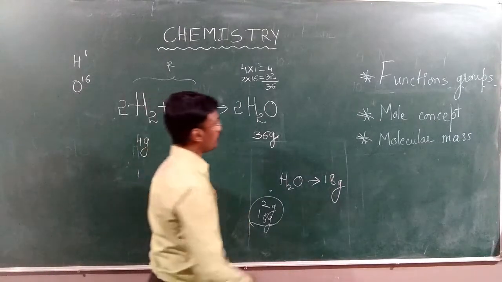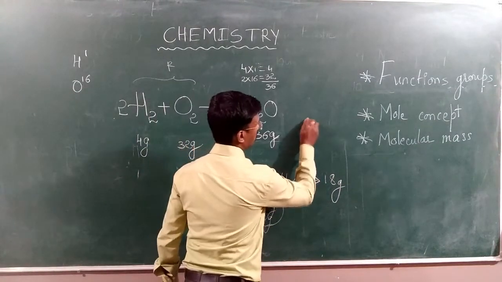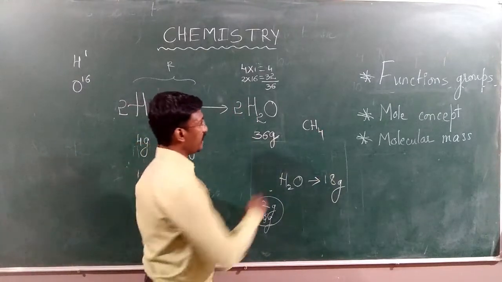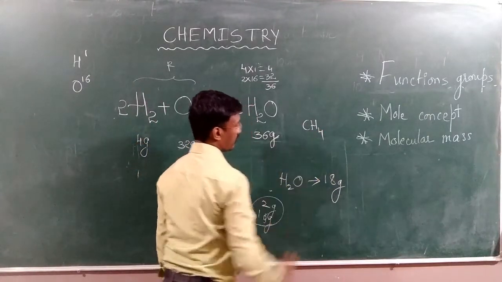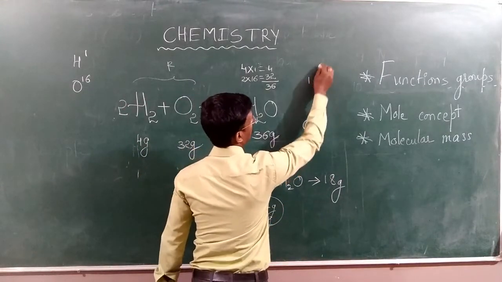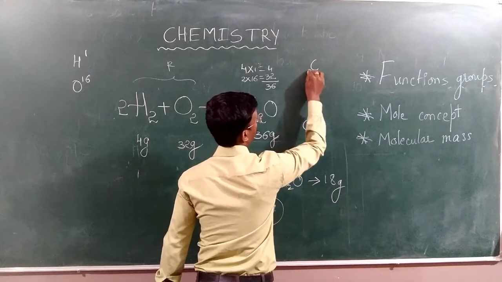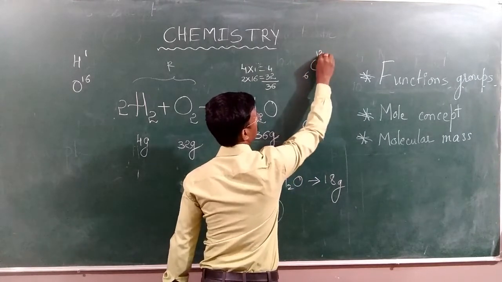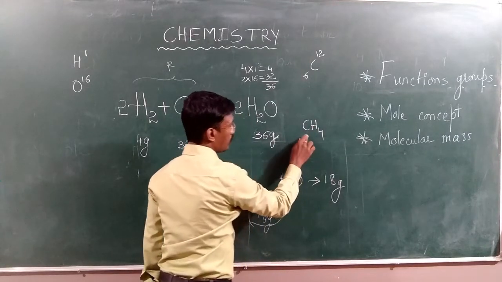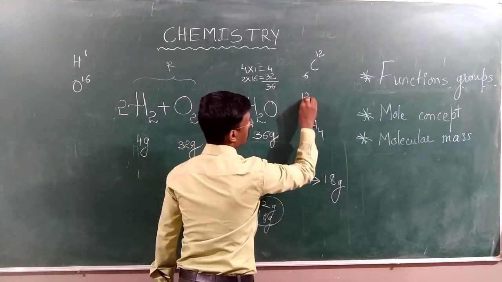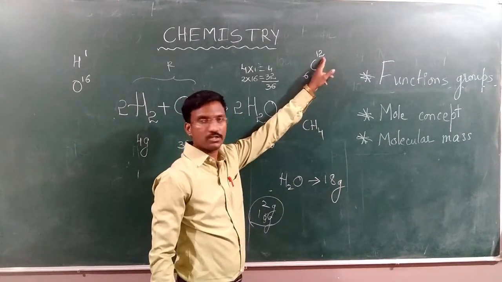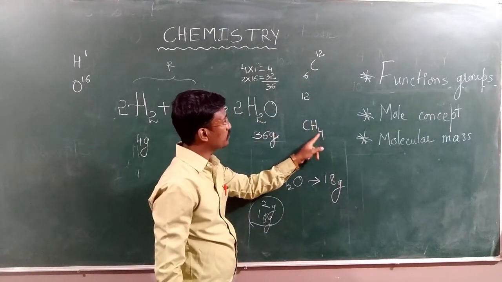If they give you CH4 and ask for the molecular mass, CH4 is called methane. Methane contains 1 carbon atom and 4 hydrogen atoms. Carbon has atomic number 6 and atomic mass 12. Therefore 1 carbon has mass 12, and the number of hydrogens is 4.